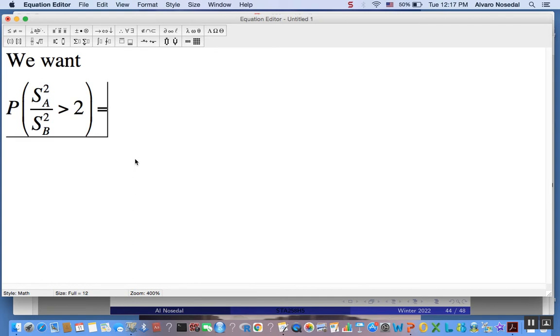Okay, so now that is not quite what we need. It would be great if we had something that looks like sample size minus 1 times s squared divided by sigma squared.